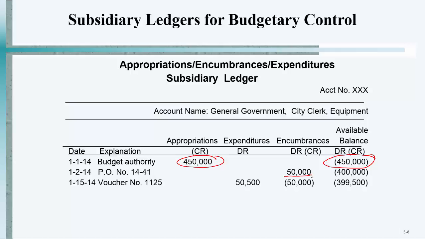So if somebody runs in and says, hey, I heard we had $450,000 worth of appropriation in our equipment budget, and we just found this beautiful machine for $450,000, we've got to order it. What do we have to tell them? Sorry, you're too late. We're already committed for 50,000 of that. Remember, if the government's highest decision-making authority has locked us into something, that's a committed amount.